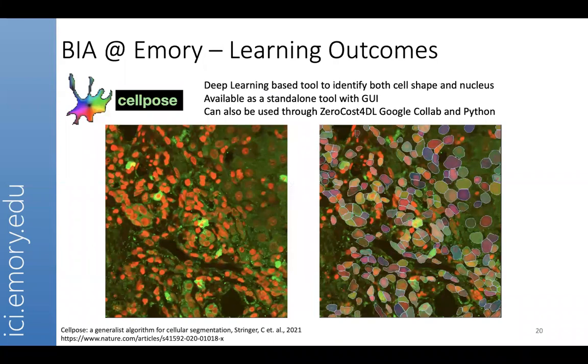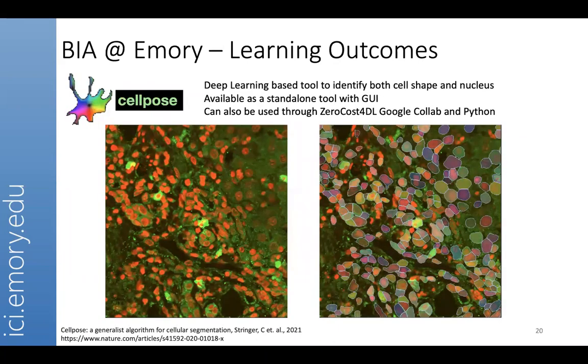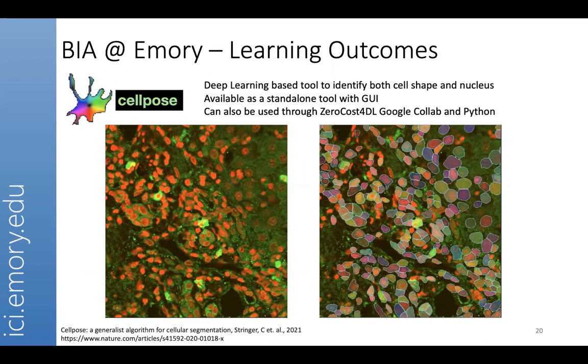Apart from that, I just talked to you about StarDist, which can deal with nuclei, right? How about something like cytoplasm? So with regards to cytoplasm, and pardon my annotations over here, this data set is also courtesy of Dr. JP Stevens and Dr. Vasanta Kolachala from Nikita Gupta's lab, where they are trying to segment cytoplasm within the liver, right?